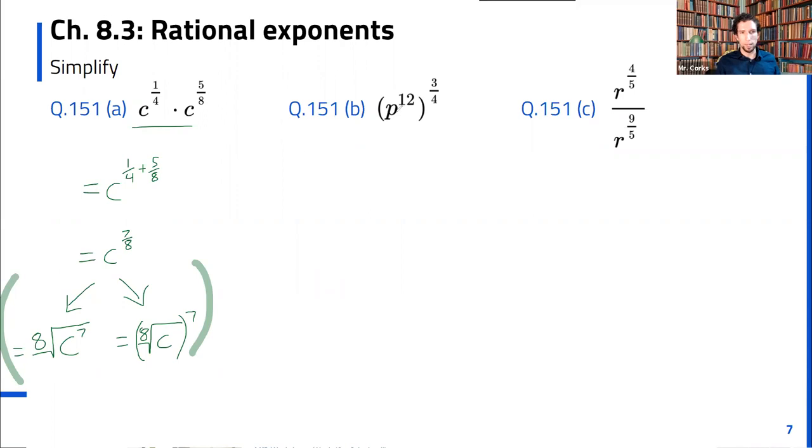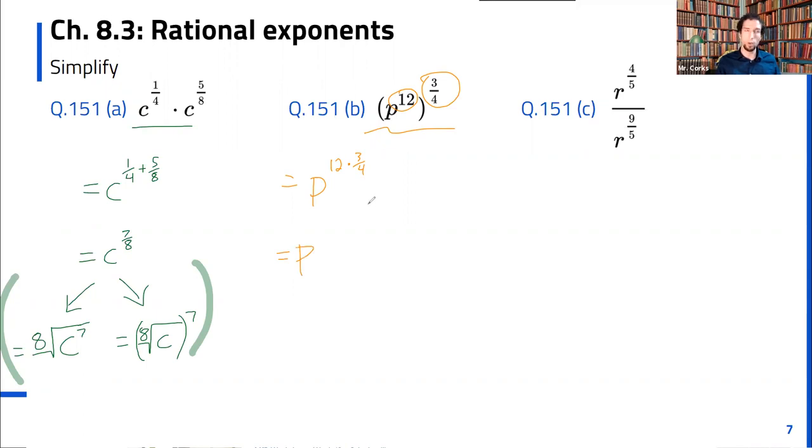Okay, let's try to solve these. So one in the middle here. We're taking an exponent to an exponent. So we take the exponent on the outside, multiply it by the exponent on the inside. So that's p to the exponent 12 times 3 over 4.